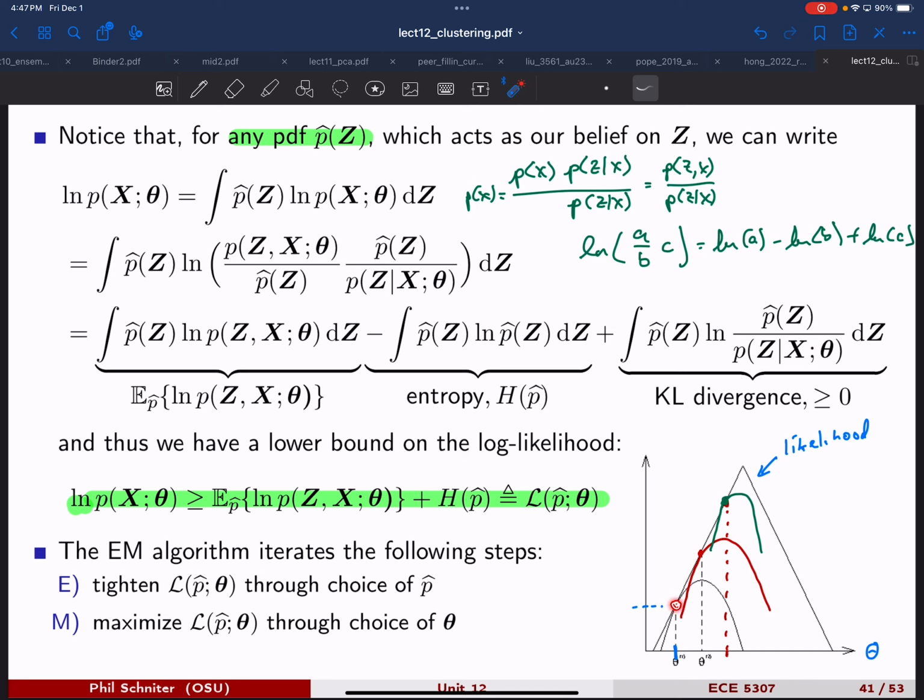So that's where we get this tightness at the point theta. In the next step, you take that lower bound and you maximize it over theta. That's how we find this theta. And then you repeat. So this is how this idea is manifesting in our EM algorithm. And now you can start to see where that strange function that we saw came from.